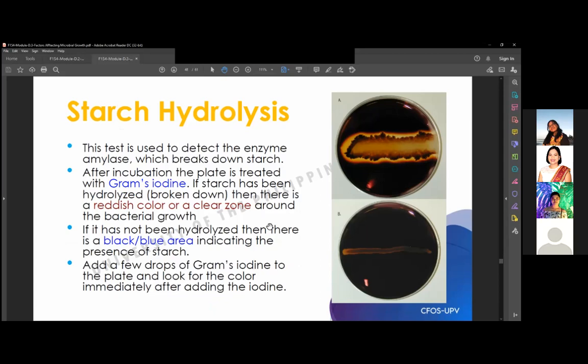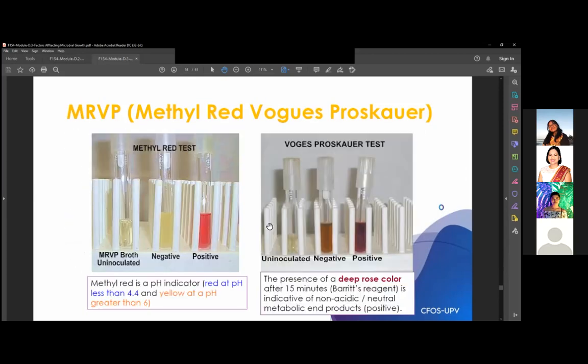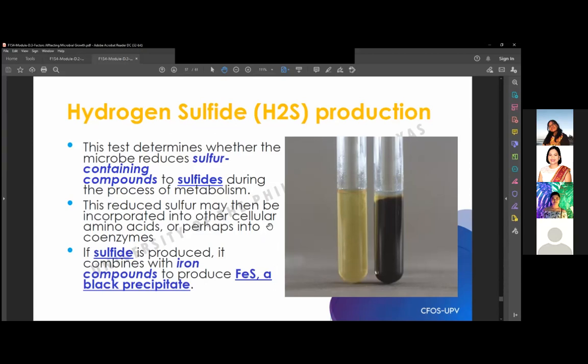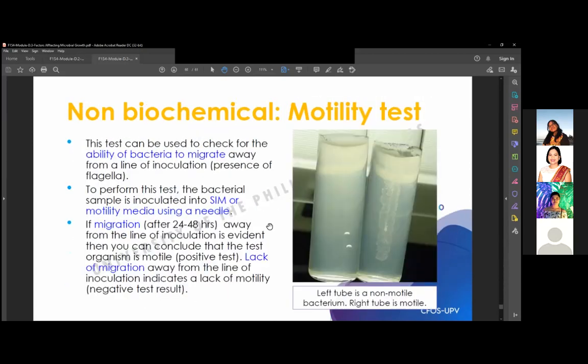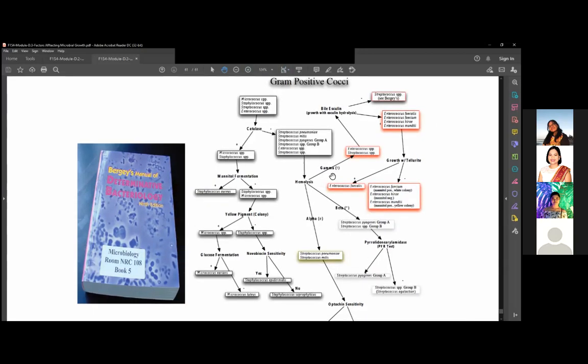Based on our results, later on in the last slide, you will see the Bergey's Manual, which will guide you: if this is my result in the carbohydrate test, and this is my result in protein hydrolysis, then presumptively this is that microorganism. If I'm positive for protein hydrolysis and positive for gelatin utilization, this is my possible microorganism.